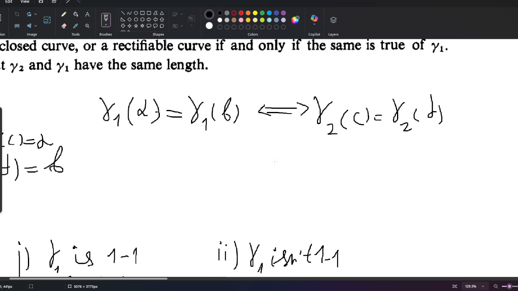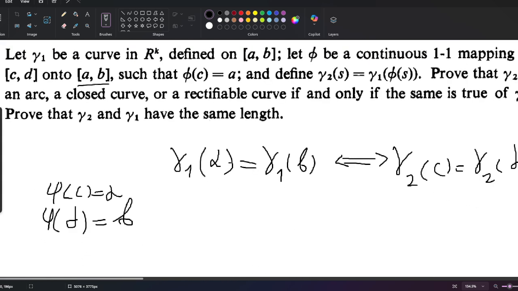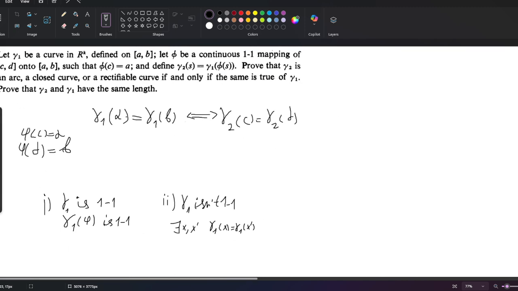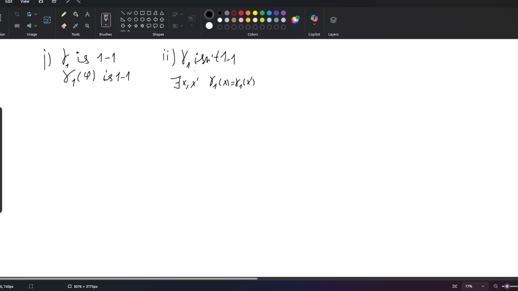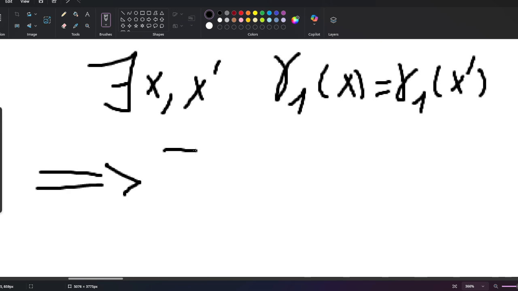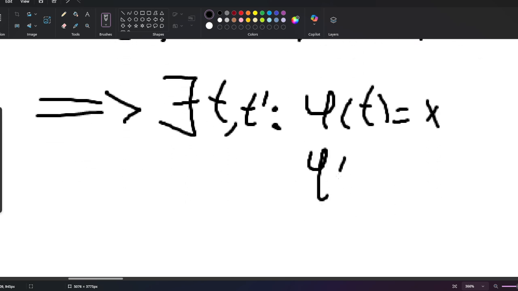Well, recall how phi is an onto function. That means that for every value lying in the segment AB, there is a value in the segment CD corresponding to it. And it's also a one-to-one mapping, so those values do not overlap. So this implies there exist t and t prime such that phi of t is equal to x, phi of t prime is equal to x prime.